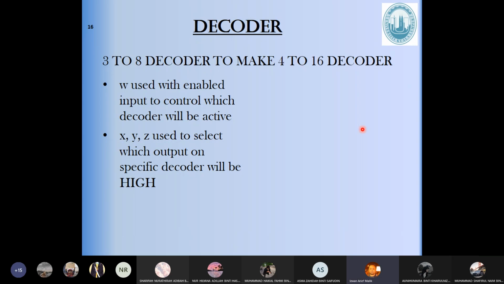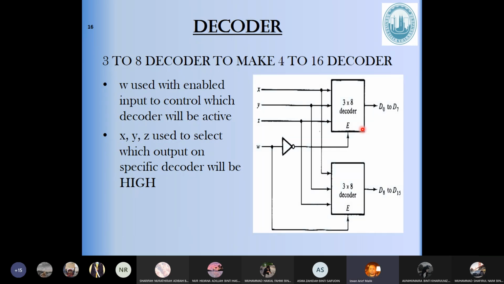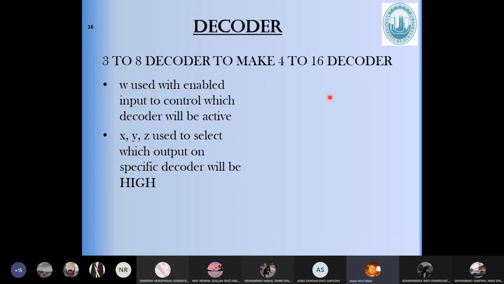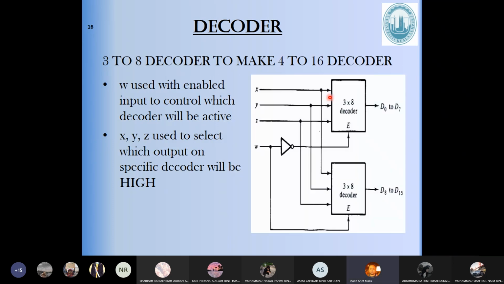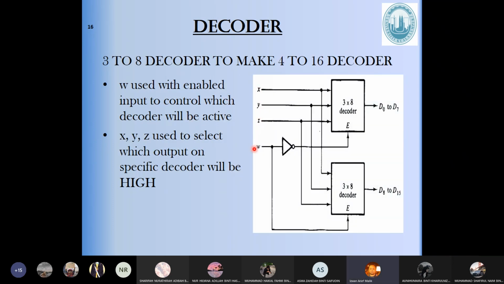Now, we are combining 3 to 8 to become 4 to 16. So kalau you tengok ni, dia menggunakan konsep yang sama dengan yang ini. Okay, cuma tambah nilai input, tambah nilai output. So you have 3 input X, Y, Z with W which are connected to both enables of the 2 decoders. Output, sini dia tak lukis lah, sebab banyak kan.